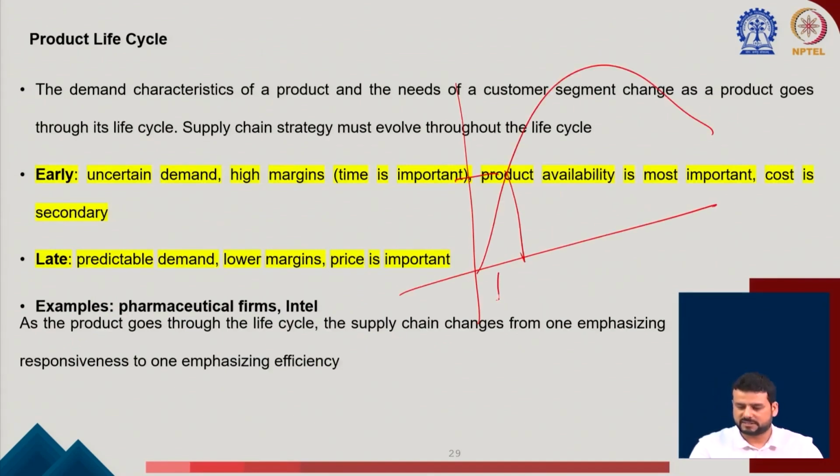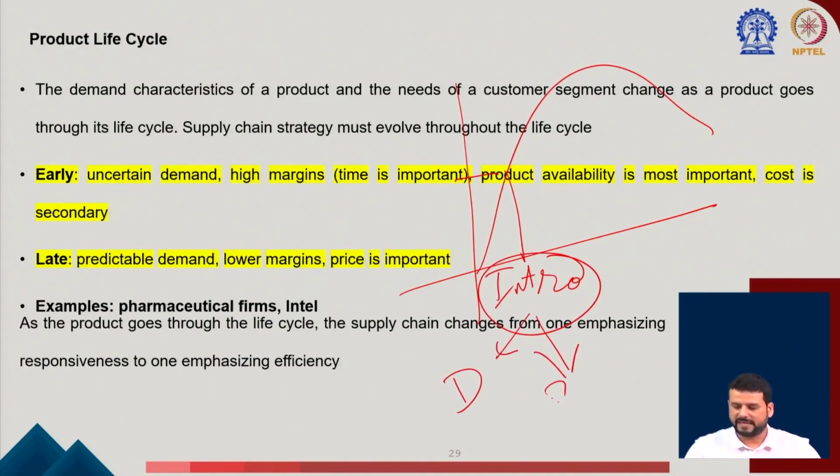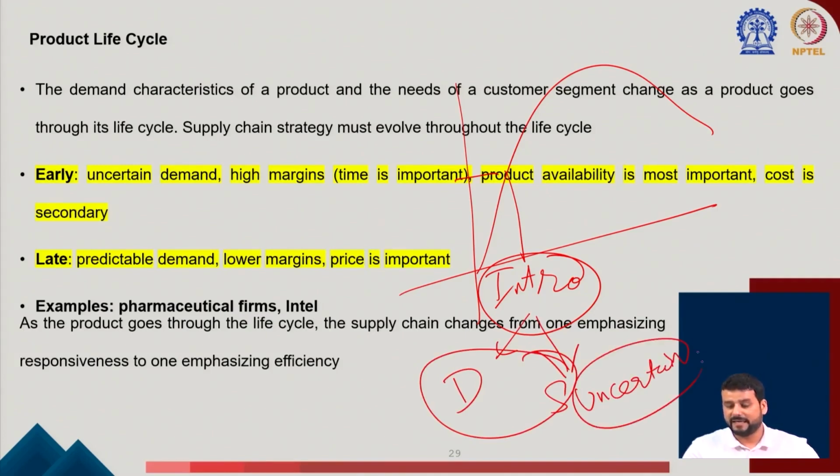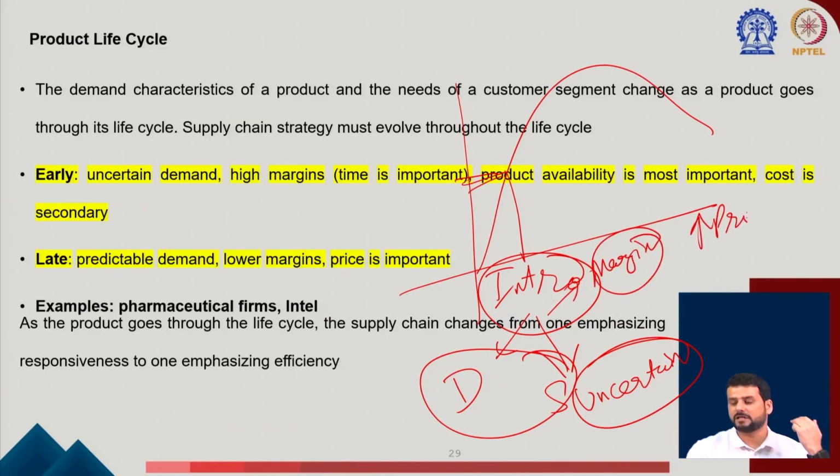Up to the introduction stage, we can characterize it by how our demand and our supply are both very uncertain. That means we have just introduced the product and we are not sure about demand, so we need to keep a very high margin at that point of time. That means a high price, because we need to recover the initial R&D cost.